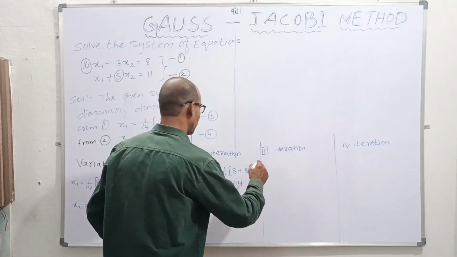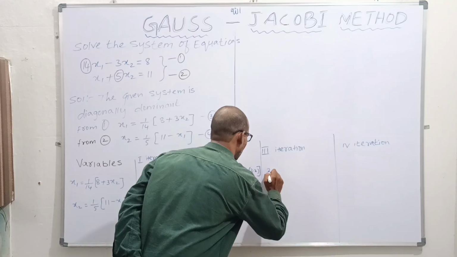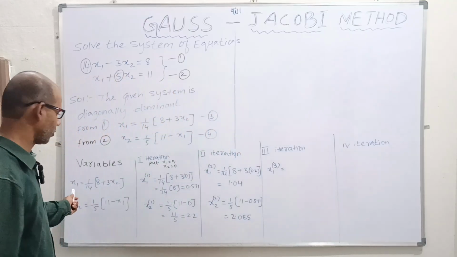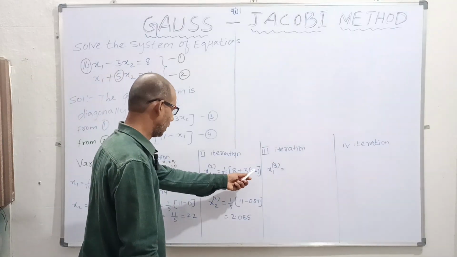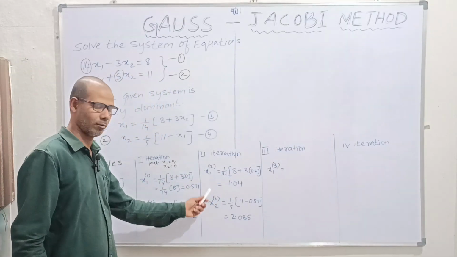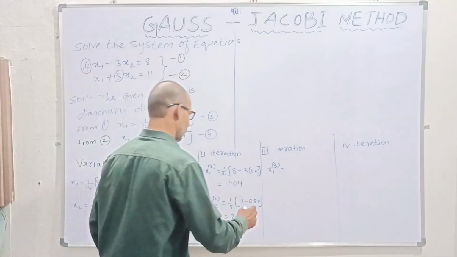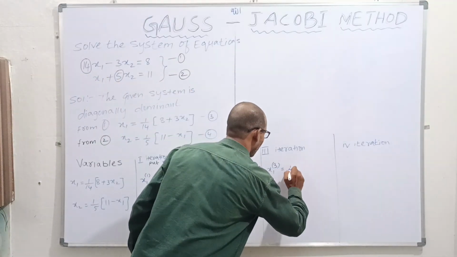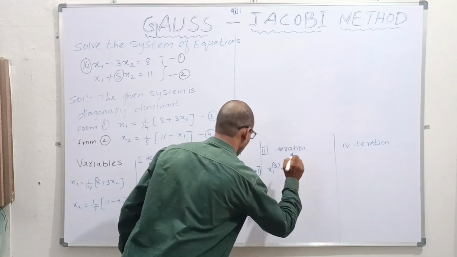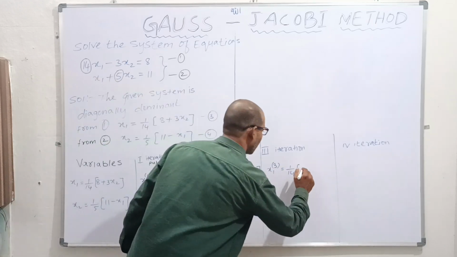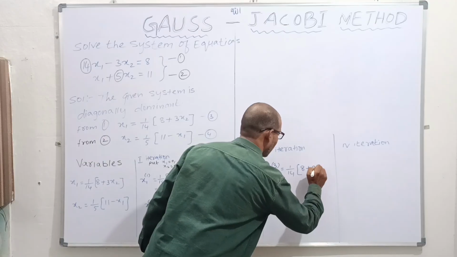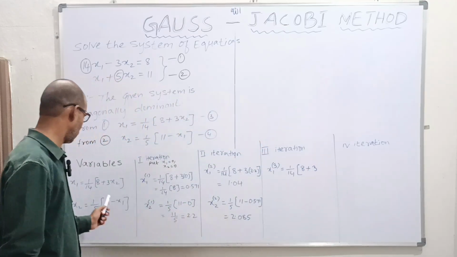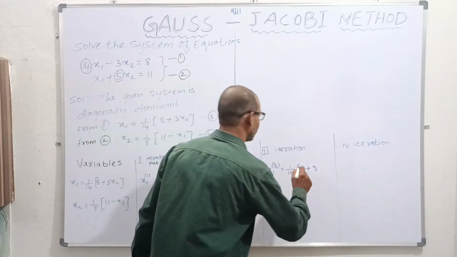Now let us go for the third iteration. For the third iteration of the first variable, we use the same equation with these values. So 1 by 14 into 8 plus 3 into this x2 value, 3 into 2.085.